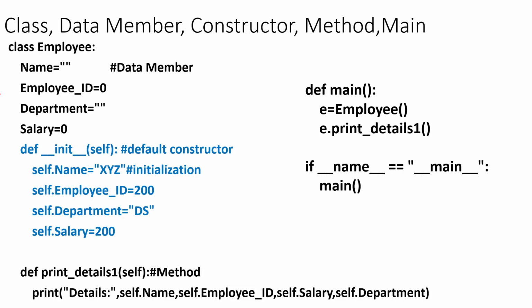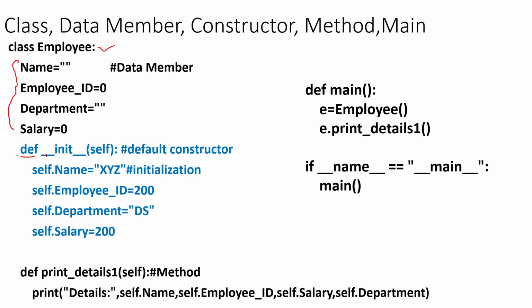Here I'll be taking the same employee class having four different attributes: name, employee ID, department and salary. This is the constructor. It looks like a function. def is required, then __init__ and the parameter self.